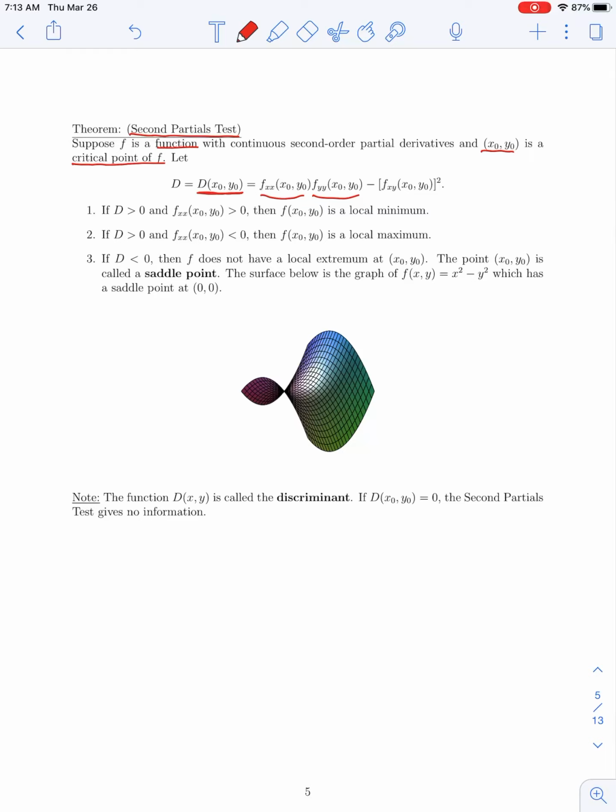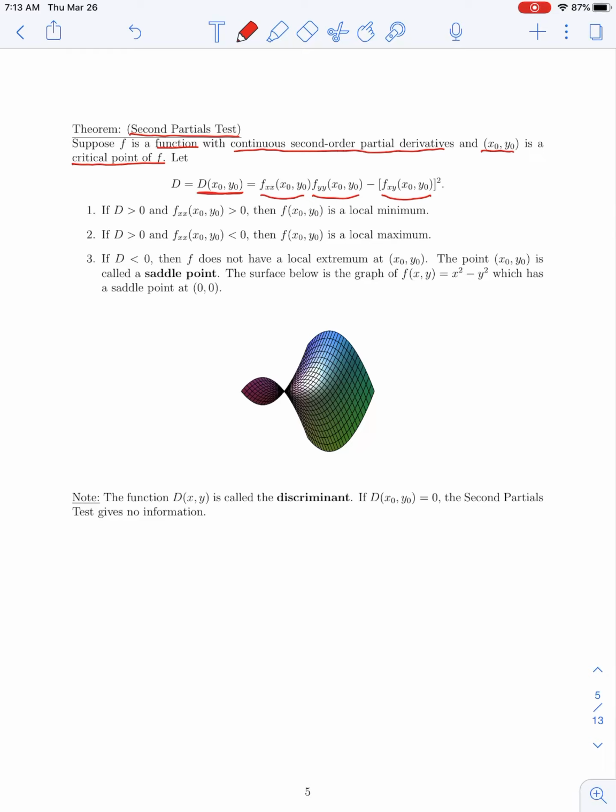And this function capital D is defined as the product of the second order partial derivatives of f, both with respect to x or both with respect to y, minus the product of the mixed second order partial derivatives, f sub xy and f sub yx.